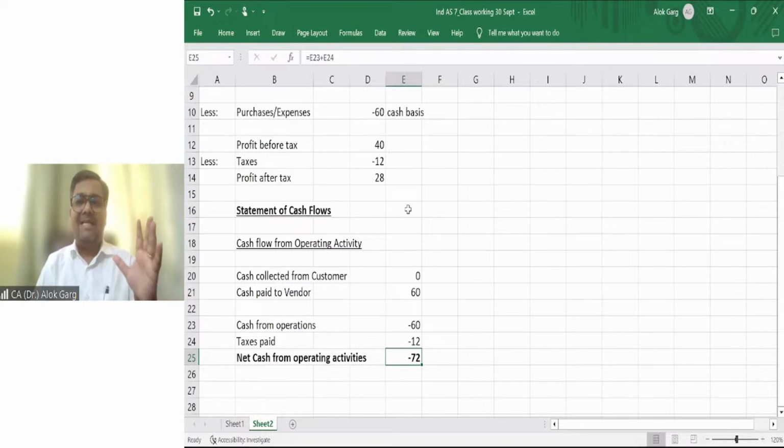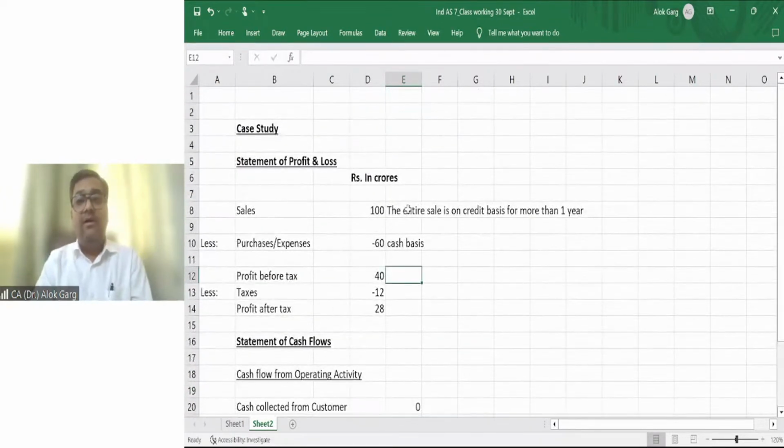So looking at the cash flow statement, of course, if the operations cash is negative, no one wants to invest in this kind of company. But when someone is looking at the profit and loss account, he is finding a great company having a net profit after taxes of 28%, profit before taxes 40%, probably EBITDA is much more than this profit before tax as well, right?